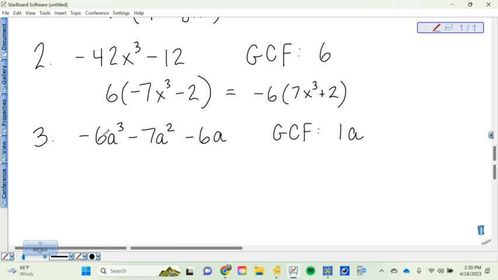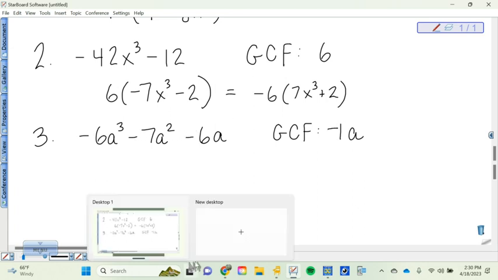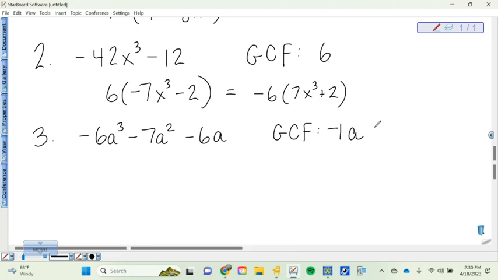And what else do you notice? They're all negatives. So it can be negative 1a, or just negative a. So I stick my negative a out front, and what do I put in my parentheses?